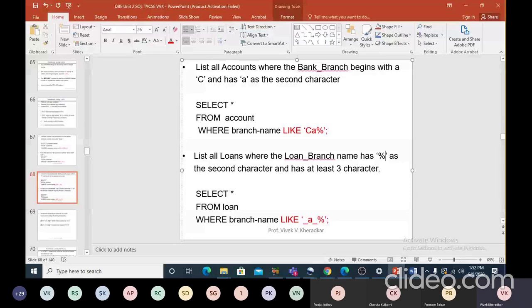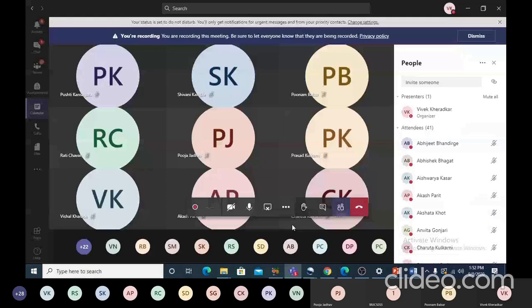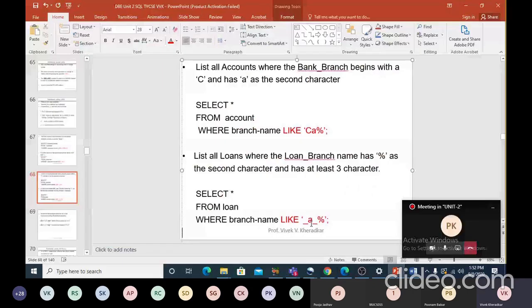Same query, but second character is percentage. If I include the percentage, what is the meaning? It indicates any character, right?